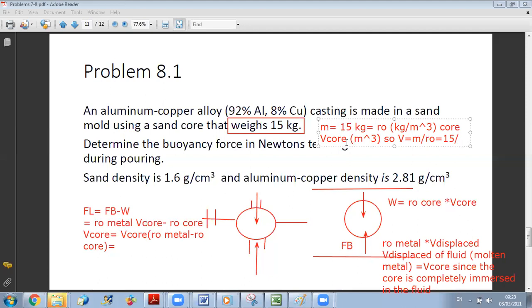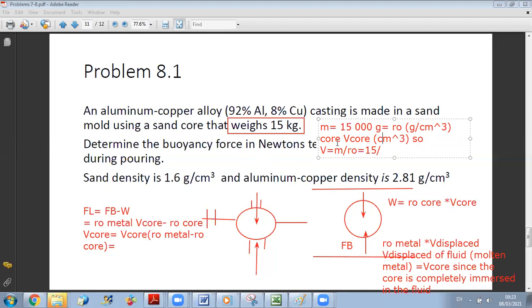So if you choose to keep rho in gram per centimeter cube, you can say, I don't want rho in kilogram per meter cube, I want it in gram per centimeter cube. But in this case, my mass should be expressed in gram. This is why I should convert from kilogram to gram. So it's 15,000 gram. And then the volume I will get will be in centimeter cube.